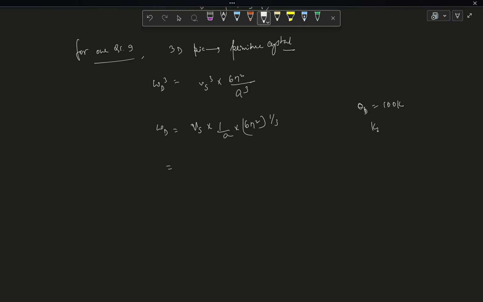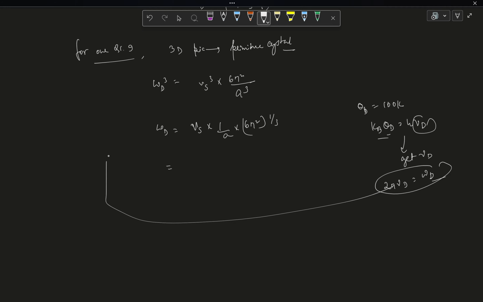From this 100 Kelvin, you can equate the thermal energy k B theta d equal to h nu d. Because you know all the other terms, you will get the Debye frequency nu d. And then by multiplying it by 2 pi, you will get the angular Debye frequency omega d. So from there you can substitute the value of omega d here.